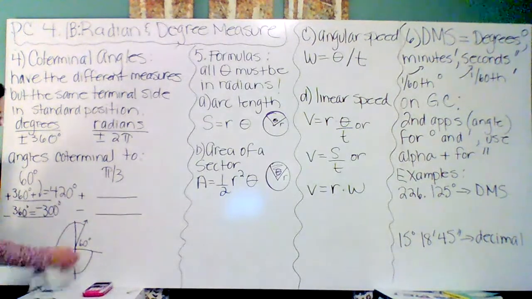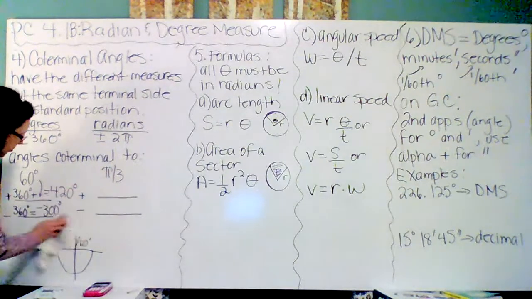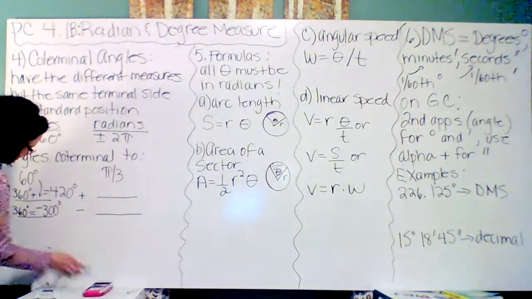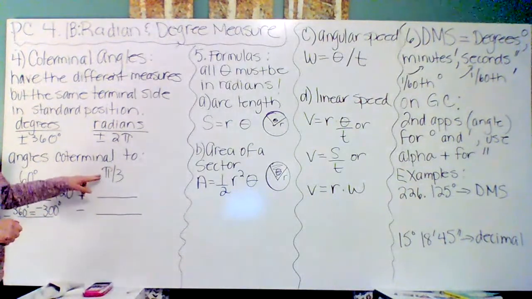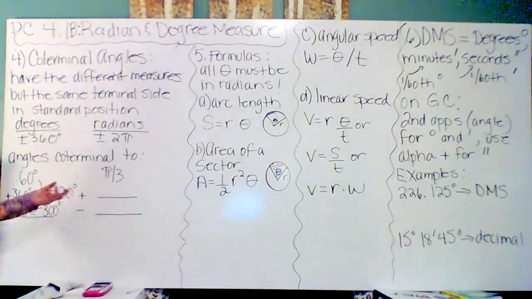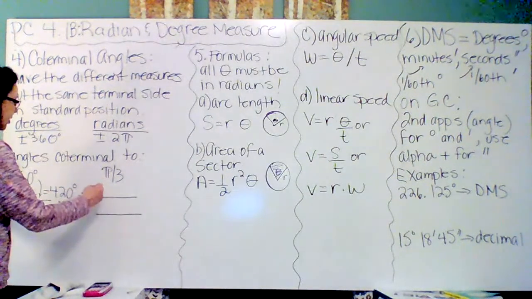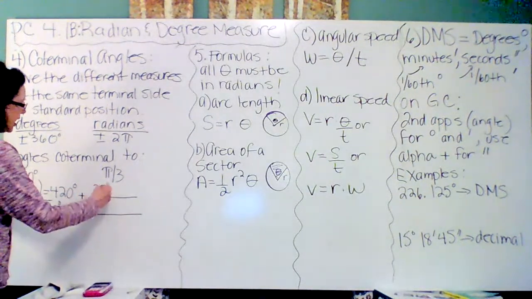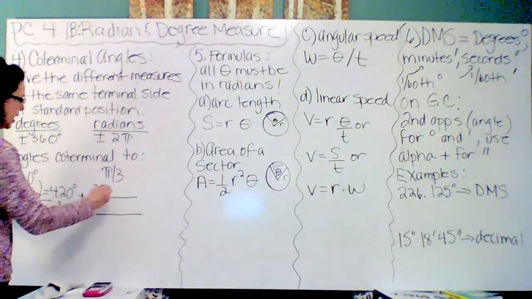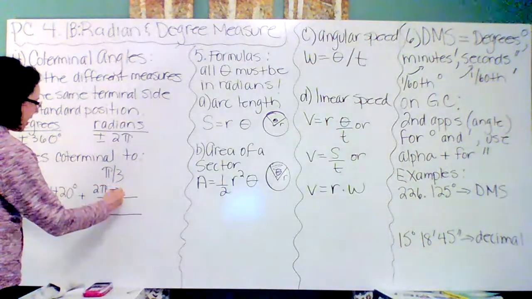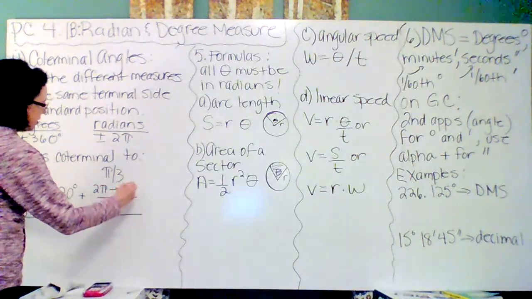Let's work with radians. So 60 degrees is pi over 3 radians, right? Okay, easy to see because pi is equal to 180, and 180 divided by 3 is 60, super easy. So we're going to take pi over 3 and we're going to add 2 pi to it. The problem is this is 2 pi over 1 and I can't add it to pi over 3. So I'm going to write my 2 pi as 6 pi over 3.